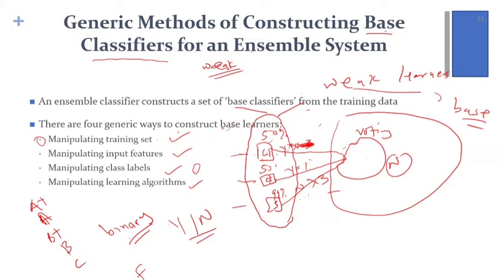When you have a multi-class problem, from experience, the more the number of classes, the more difficult it is to get excellent results. So in that case, if you are unable to produce a better individual model, then you might need to try manipulating the class label while generating your ensemble.